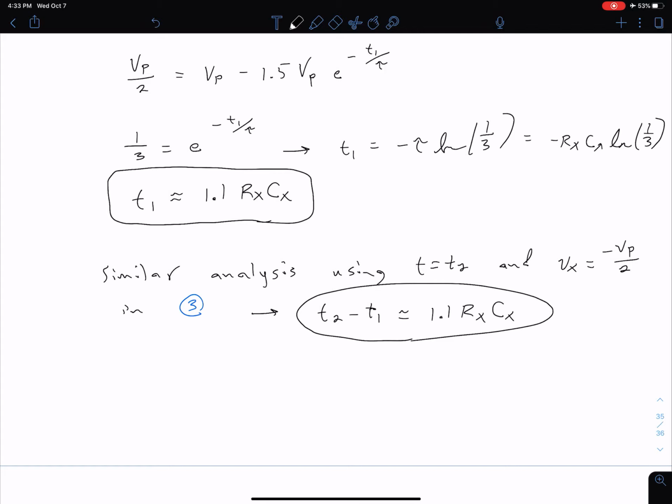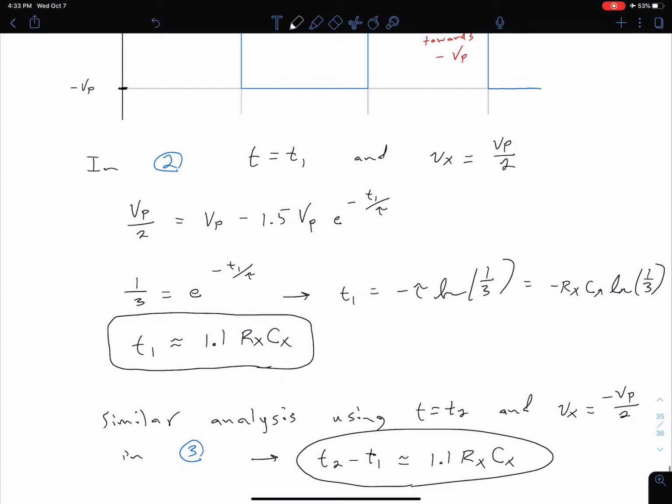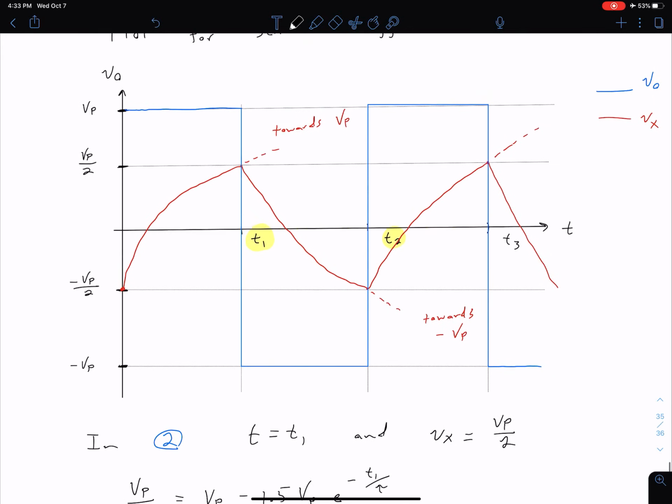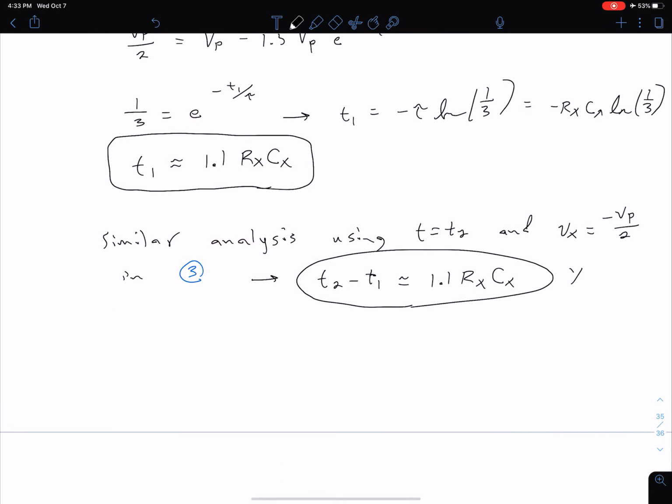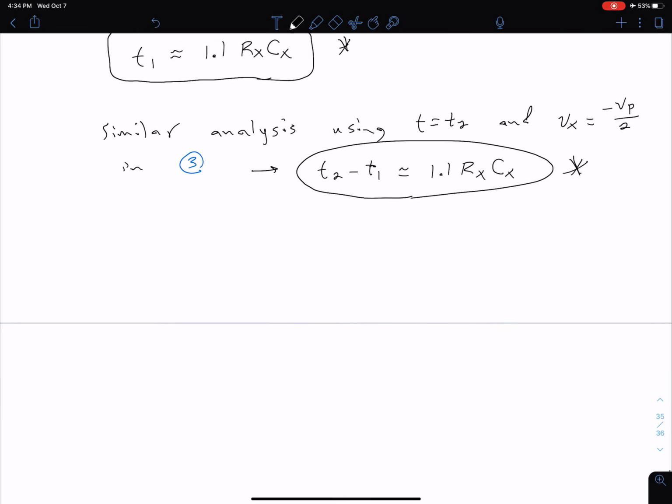Okay, so what we can do then is we can say, well, the period is just equal to T2. And so we can kind of play around with these two equations we had before. We can say, well, T2 is just going to be this equation plus this one. So that's going to be 2.2 Rx Cx.